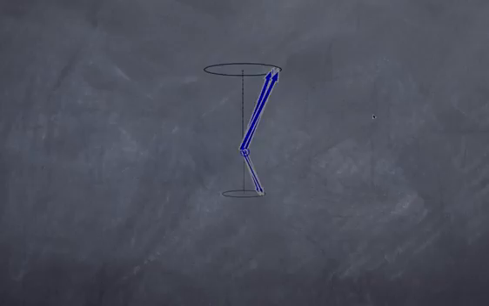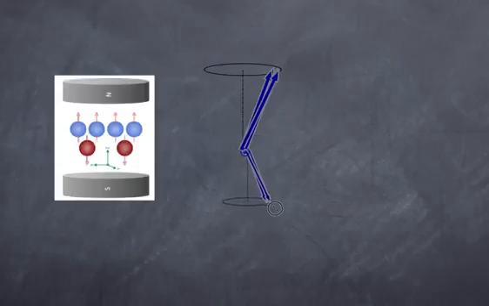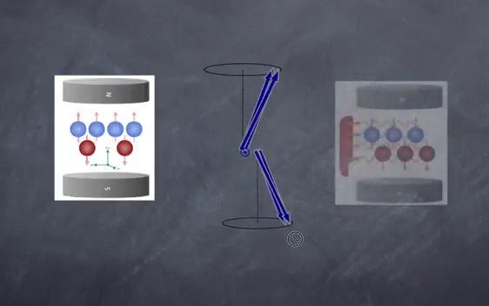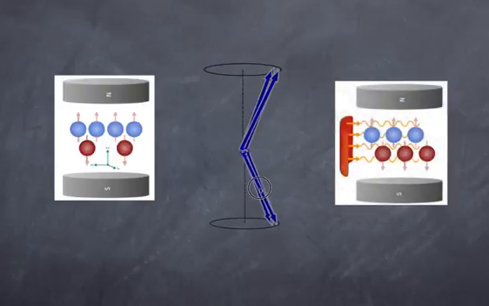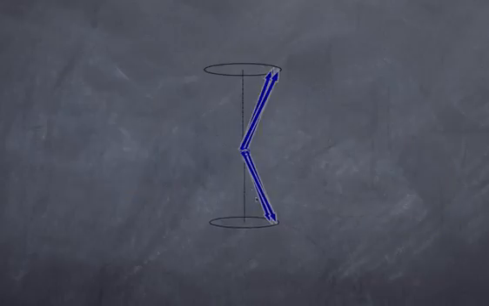But the second thing that happens is that the number of parallel and anti-parallel nuclei change. What we have in resonance is an increase in the number of anti-parallel. In fact, the total number going into the higher energy state will be equal to the number of parallel. And so what you end up having now is an equal number of parallel and anti-parallel.